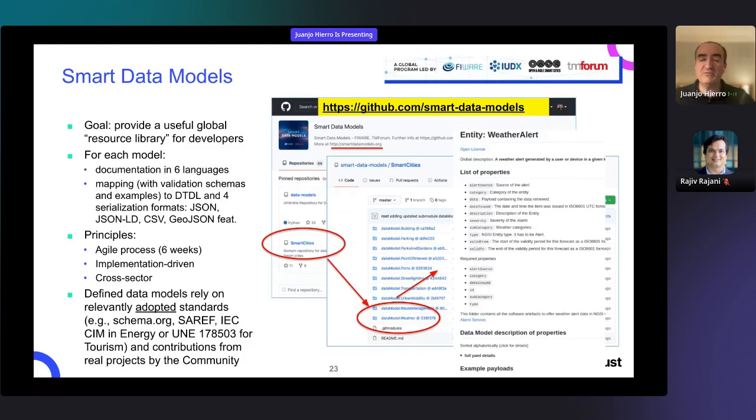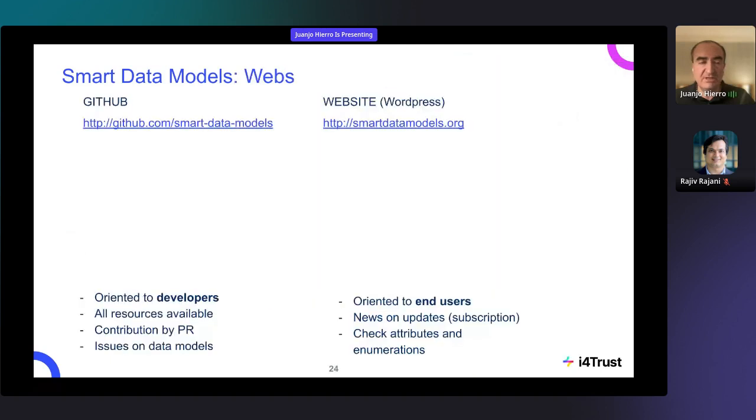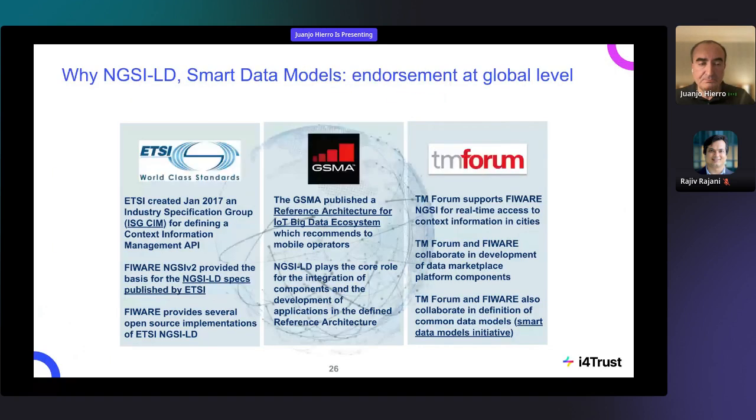And here we are providing a set of resources in JSON, JSON-LD, how to map concrete data models that have already been tested in real projects and that will be offered to you public and royalty free, so that you just need to reuse them when creating your applications.